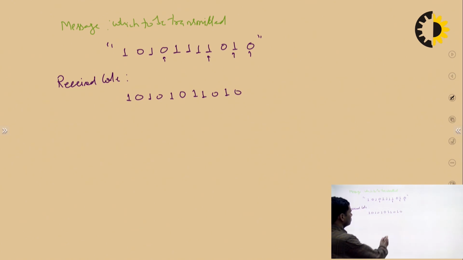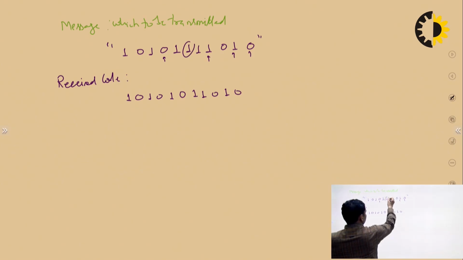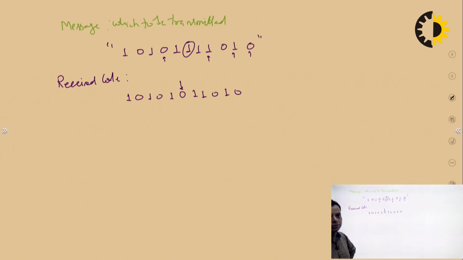This means the 4th, 5th, and 6th positions have changed here. This position is now changed in the received code. It will become 1 0 1 0 1 0 1 1 0 1. It is now received here.